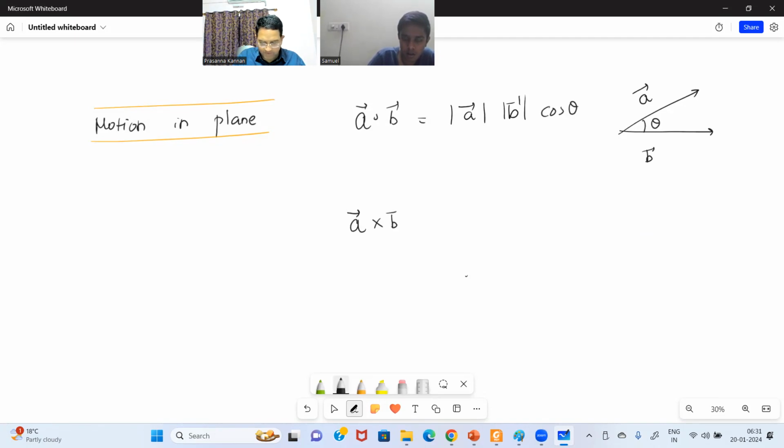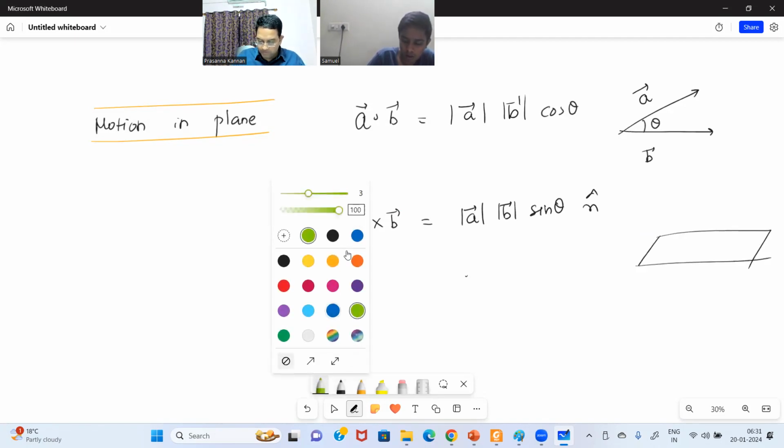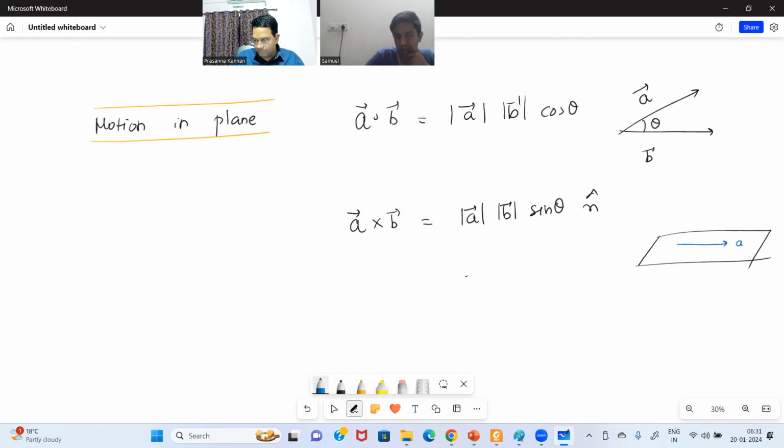A vector cross B vector will be mod A mod B sin theta into what we call n cap. If A vector and B vector are on one plane, let's say this is the xz plane, then the cross product of the two vectors will be along the y-axis.